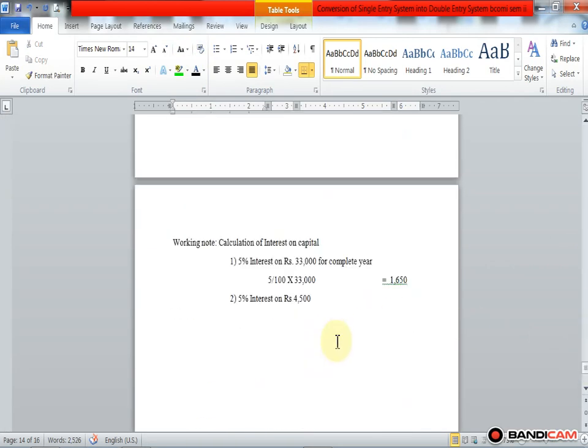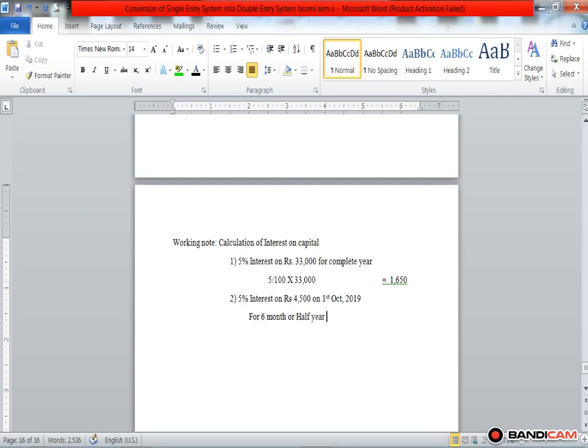Mr. Santosh introduced capital on 1st October 2019. So October, November, December, January, February and March, it means 6 months or half year. So compute half year interest.